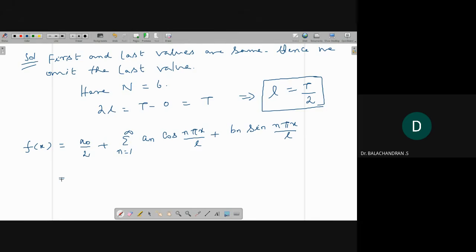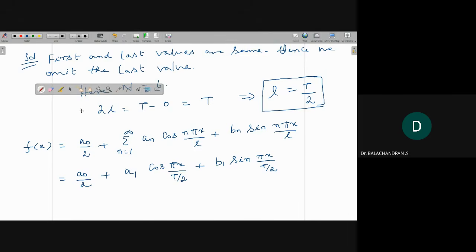Which is equal to a naught by 2 plus, for n equal to 1, a1 into cos pi x by L, where L is t by 2, plus b1 into sin pi x by L, with L equal to t by 2.